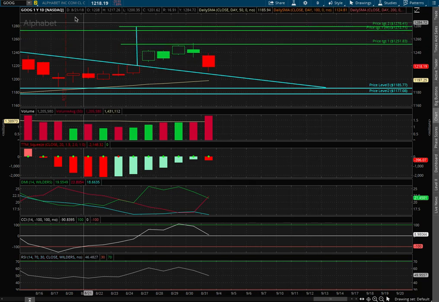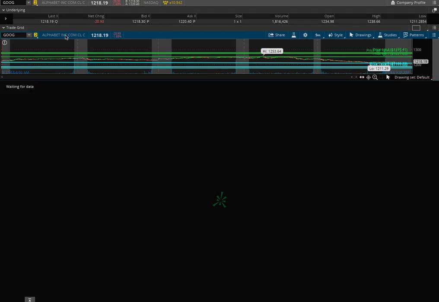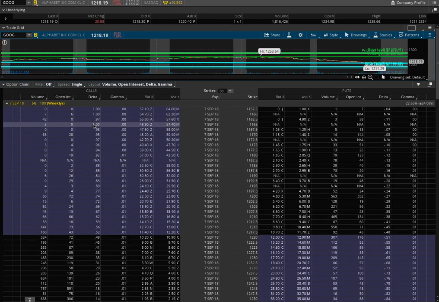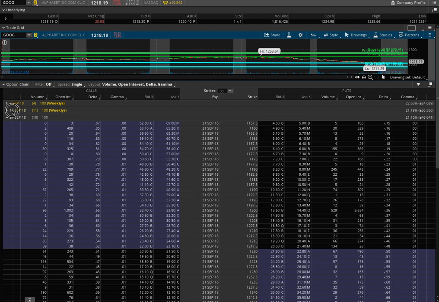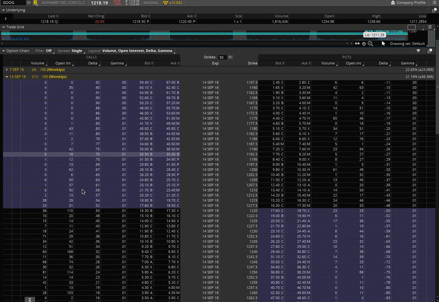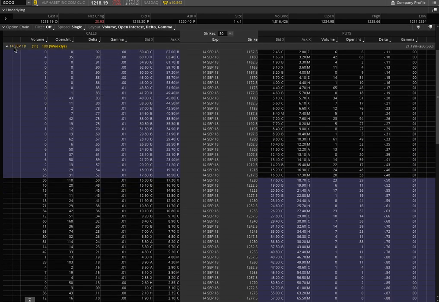So the swings I would get is I would look for 1 week out, which would be September 14th, as today is September 3rd.